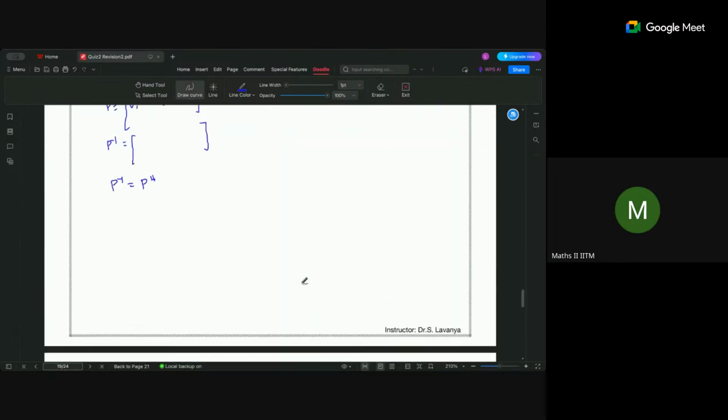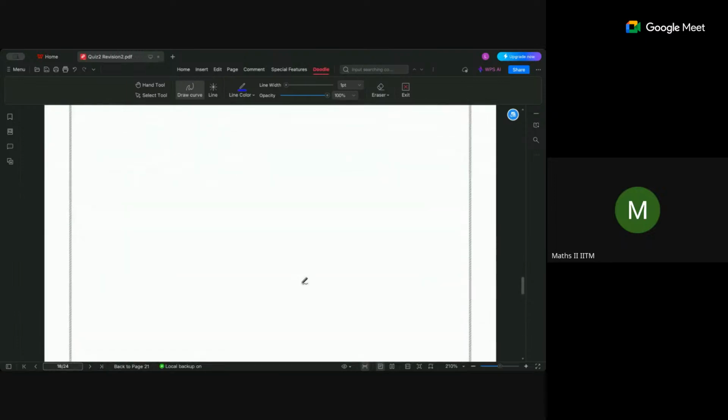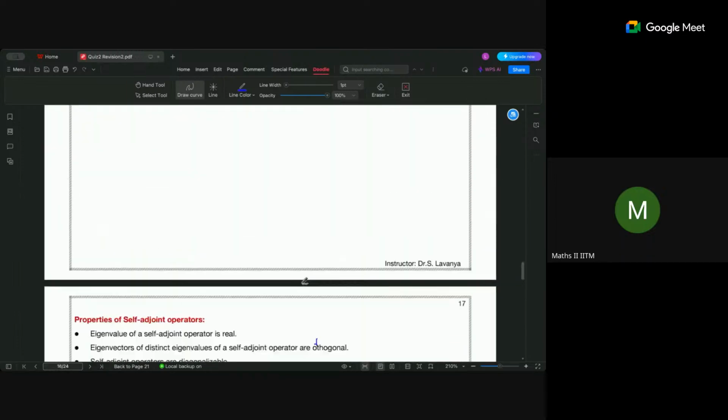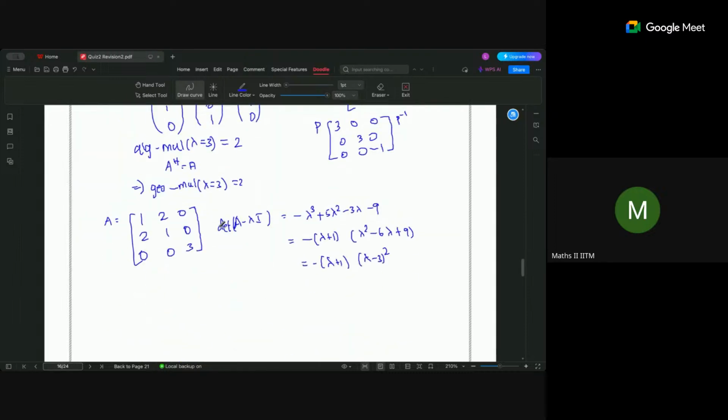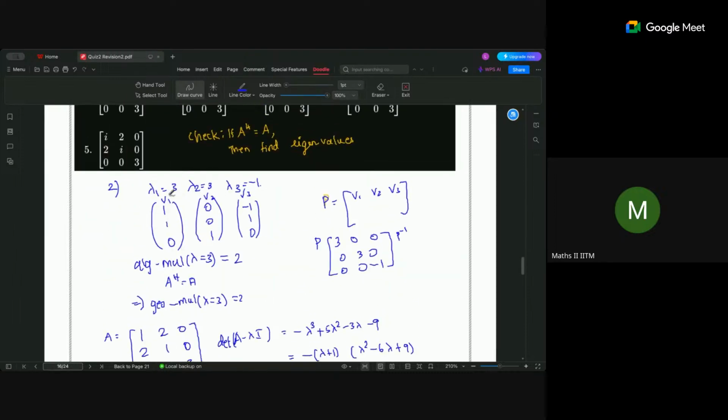Remember, you don't assume that for a self-adjoint operator you will automatically get an orthonormal basis. For example, here, this is self-adjoint, so whatever you got is orthogonal. The next step is you have to divide by its norm. So how to convert an orthogonal set into an orthonormal set? You have V1, V2, V3, an orthogonal set.